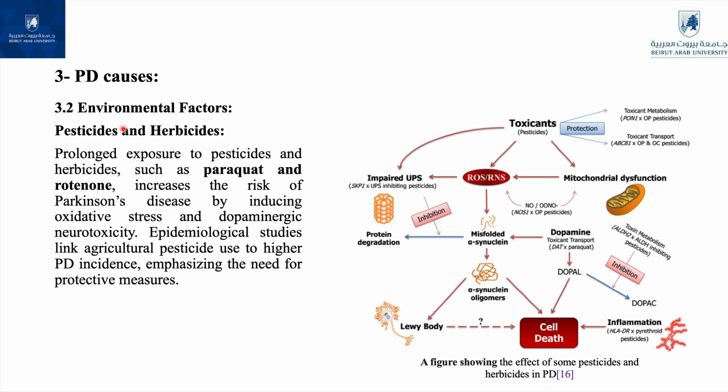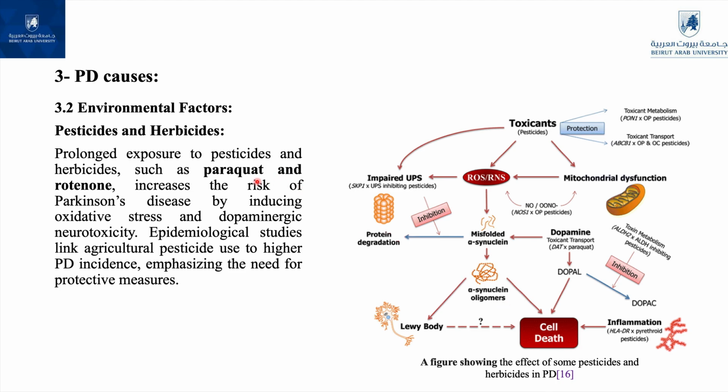Regarding the environmental factors, we can discuss the pesticides and herbicides that are used in agriculture. These chemicals can inhibit the degradation of the misfolded protein, or also they can prevent, by their toxin, the conversion of DOPAL into DOPAC, and the accumulation of DOPAL leads to cell death.